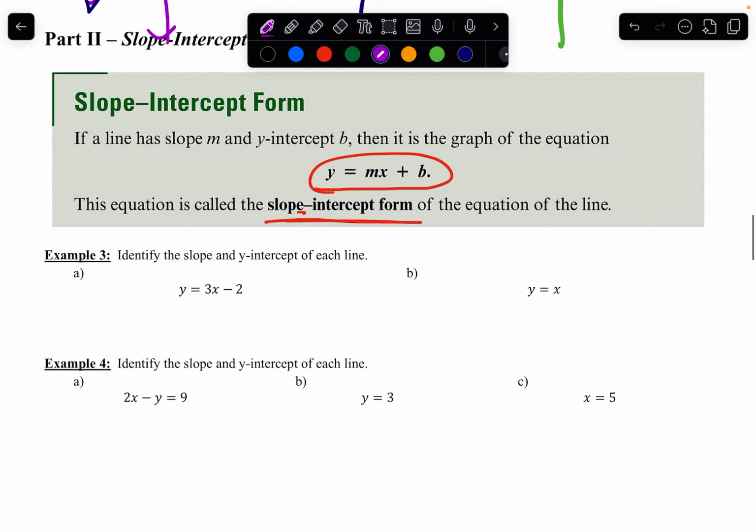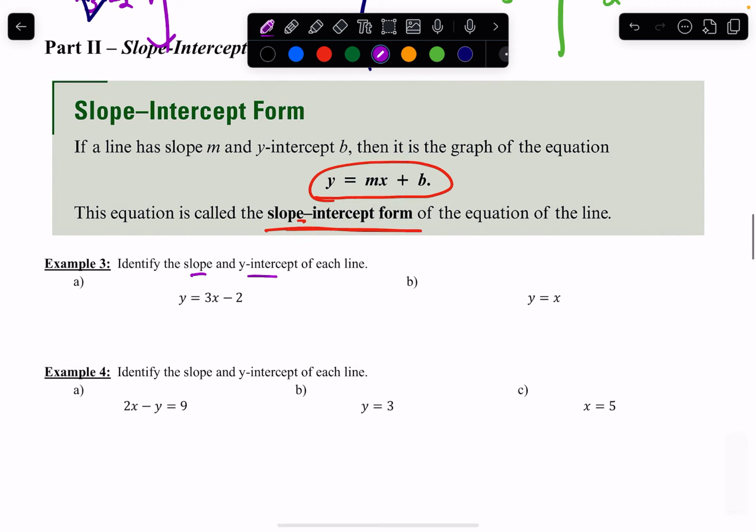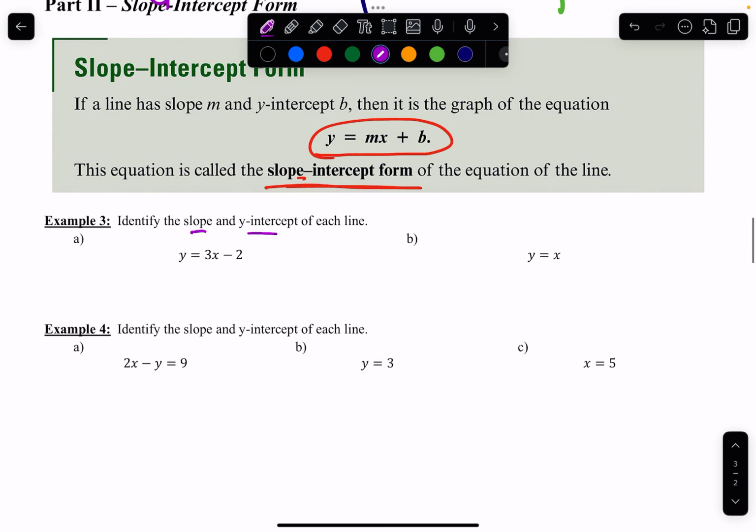Okay, so example 3 is identify the slope and y-intercept. So again, it's y equals mx plus b. m is the coefficient of x, which in this case is 3. b is the y-intercept, which is the number after, and it's negative 2 for this one.